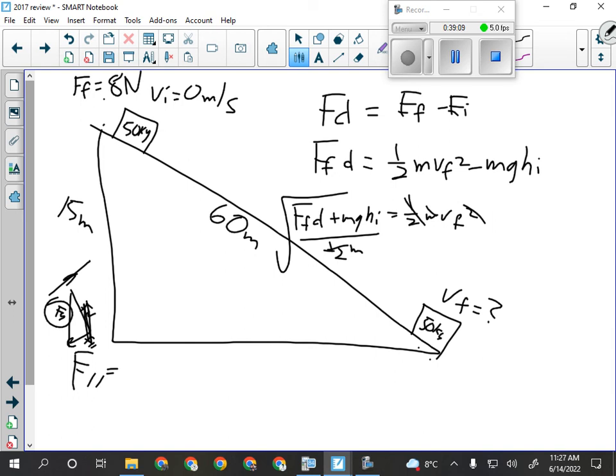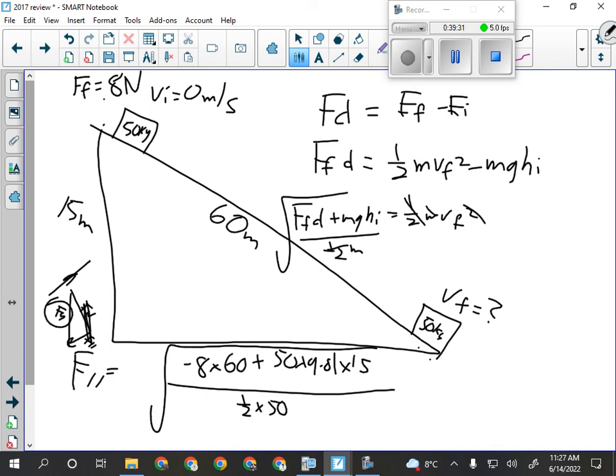So when I plug in my numbers, I'm going to have my 8 newtons, which is actually negative because it's back up the ramp, times 60 meters, plus 50 times 9.81 times 15, divided by 1/2 times 50, all square rooted.